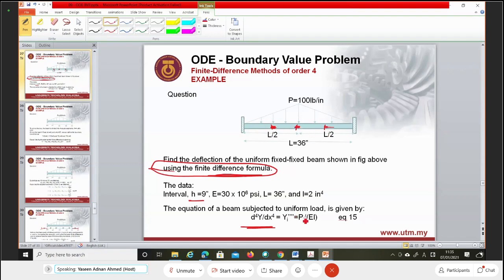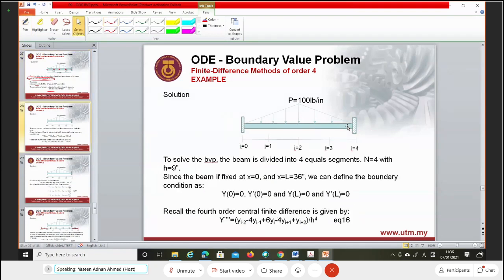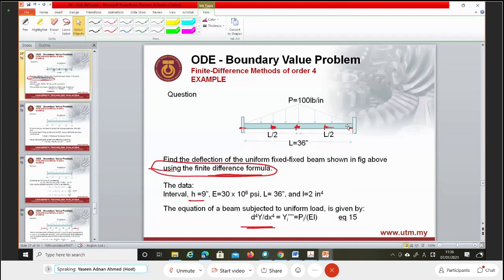Because you need load, right? So at this point, the load is how much? 0. And at this point, your load will be how much? It linearly decreases from 100 to 0. So at this point it is 100. At this point, it should be 50 because this is the middle of it, right? And then this is the 0.